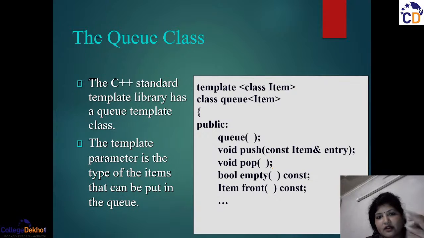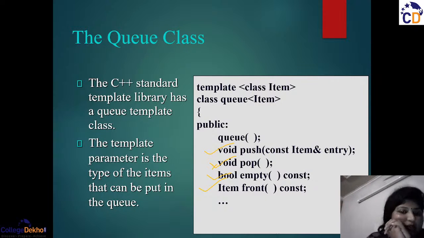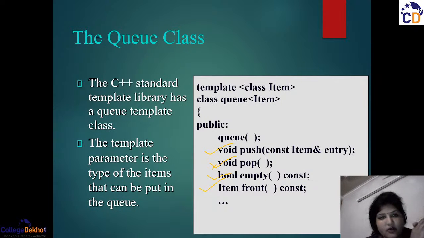It is a constructor, and then we have two things, for inserting an element and for deleting an element. So this would be our insert, and this would be pop elements from the queue. Then we have a check if there is no element, and the item at the front part. So these are the basic functions we have in our queue.